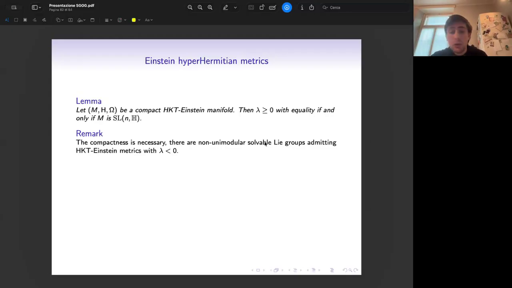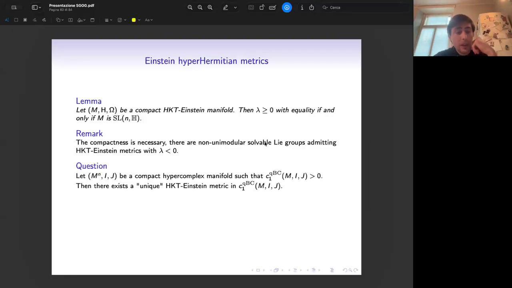And just to conclude, I want to give some naive question, really naive, let's say in analogy with the Kähler-Einstein case. So let me just start with a compact hypercomplex manifold with a positive first quaternionic Bott-Chern class.